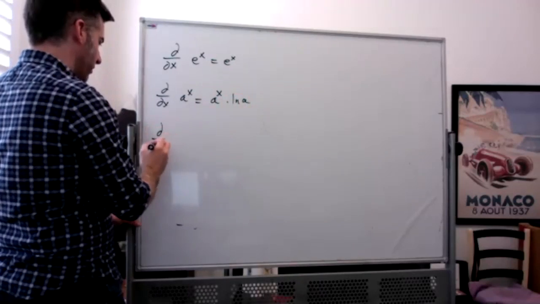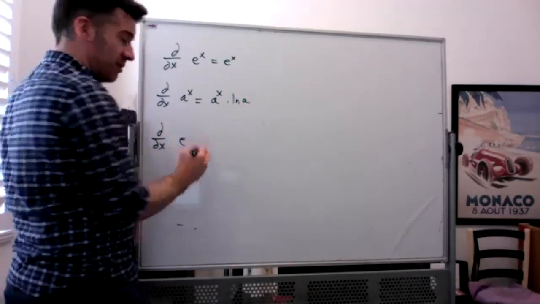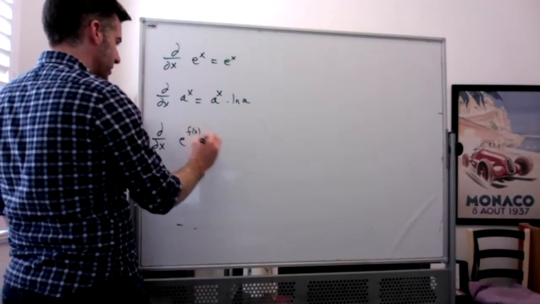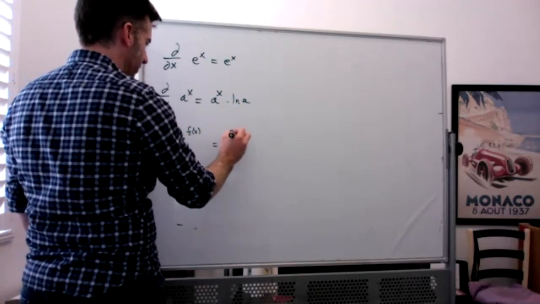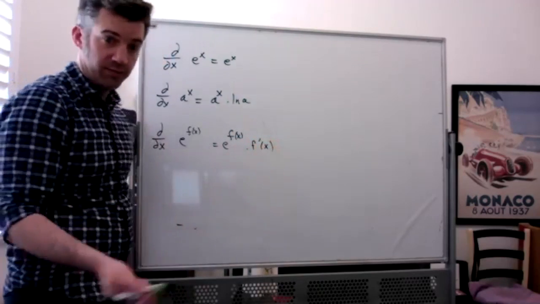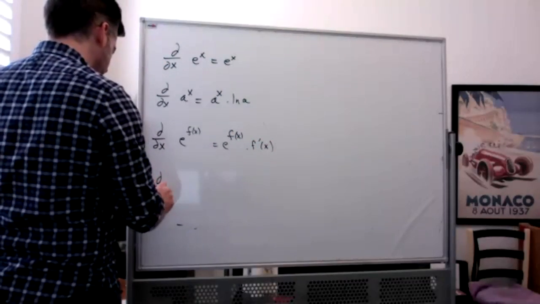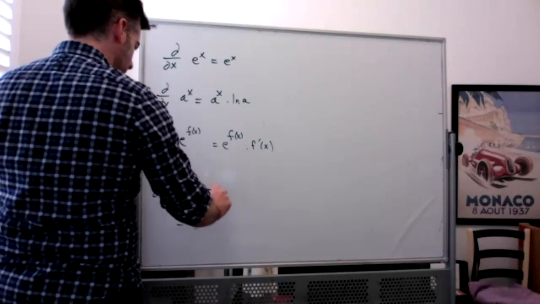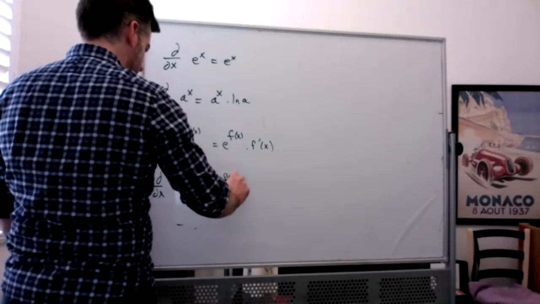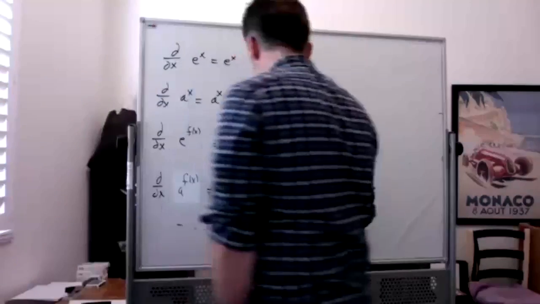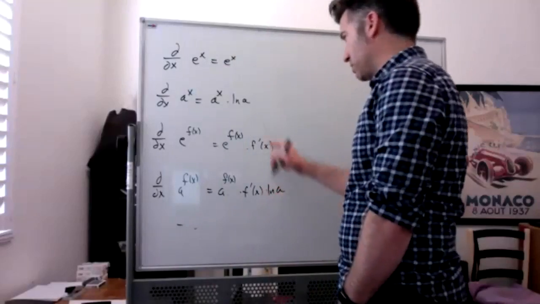The derivative of e to the f of x is e to the f of x times f prime of x, that's just the chain rule. And the derivative of a to the f of x is a to the f of x times f prime of x, the chain rule part, and then we also multiply by the natural log of the base, just like up here.